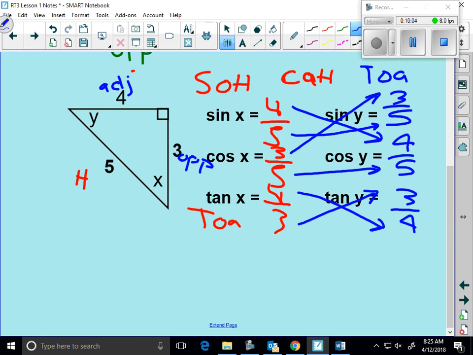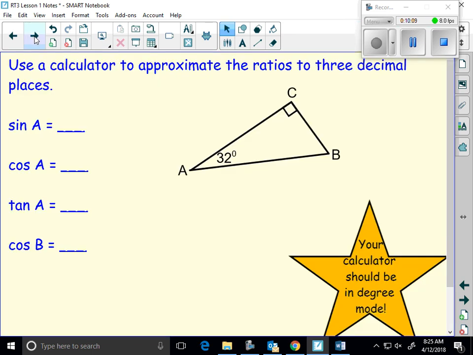So who cares, right? Who cares? I care, because what it does is it allows us to find an angle measure. Our calculator allows us to find an angle measure. Here's what I want you to do. Take out the old calculator.